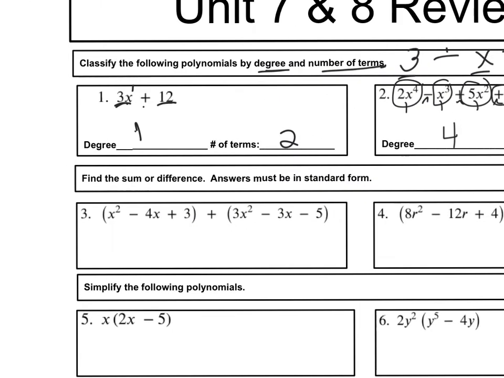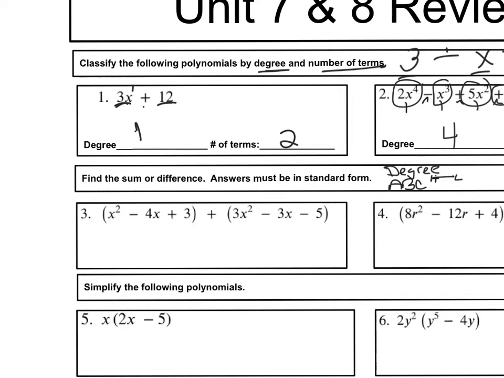It says find the sum and difference, and the answers must be in standard form. And standard form just goes from degree highest to lowest. Okay? And then it's also ABC order, alphabetical order. So what we're going to do is combine like terms.